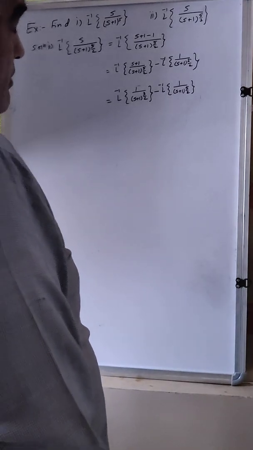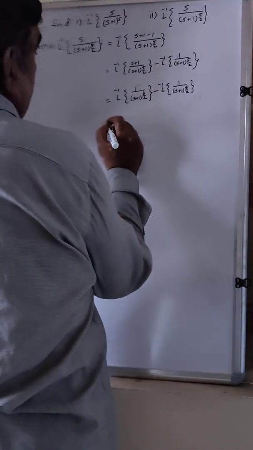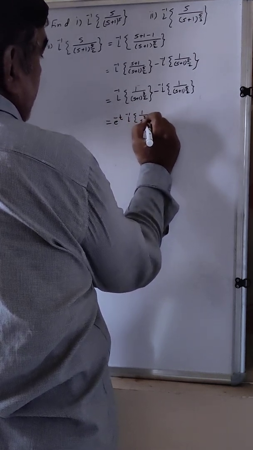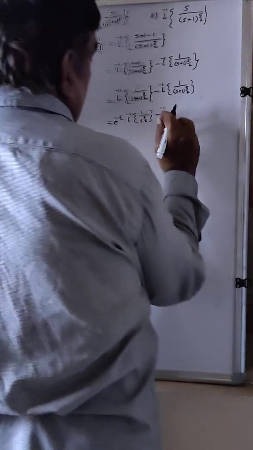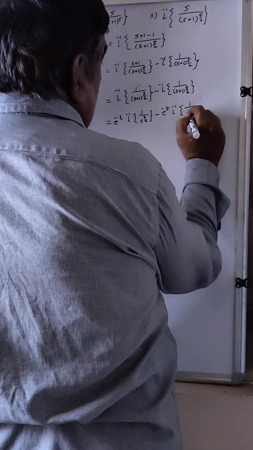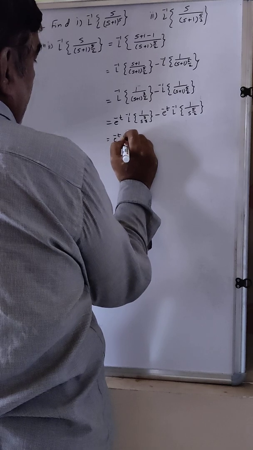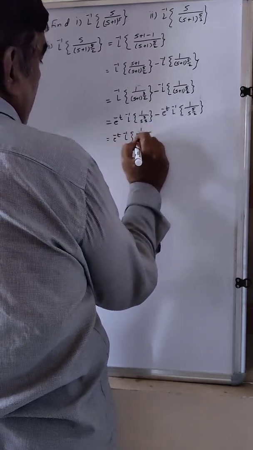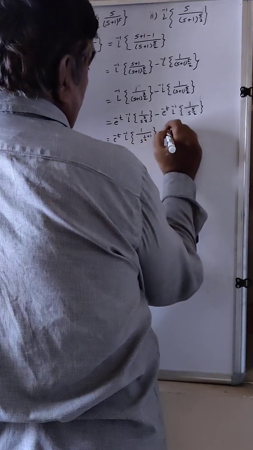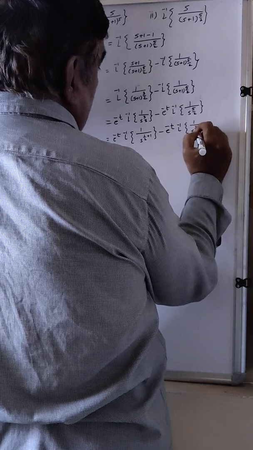Using first translation property of inverse Laplace transform, is equal to e raised to minus t Laplace inverse of 1 upon s raised to 3 by 2, minus e raised to minus t Laplace inverse of 1 upon s raised to 5 by 2 is equal to e raised to minus t Laplace inverse of 1 upon s raised to 1 half plus 1, minus e raised to minus t Laplace inverse of 1 upon s raised to 3 by 2 plus 1.